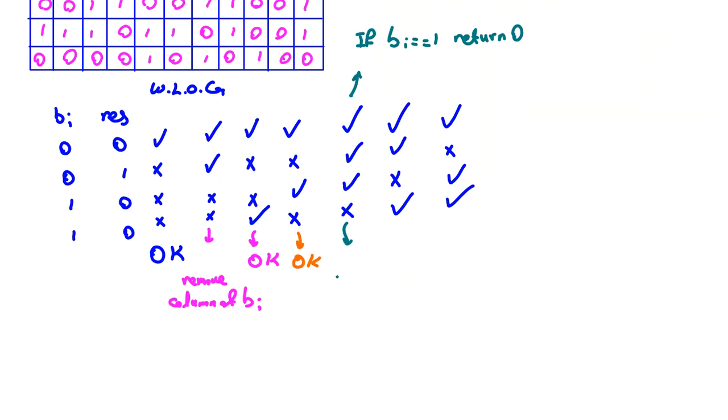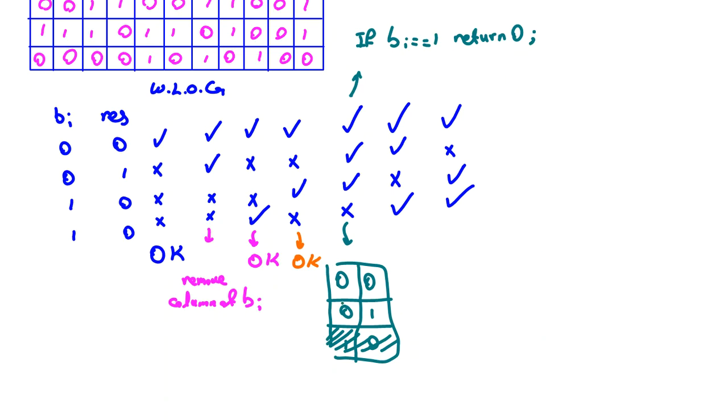So for this one, we have only 0, 0, 0, 1, 1, 0. And there are some rows like the first one, some rows like the second one, and some like the third one. So when we apply this, we can remove these rows that Bi is 1 and result is 0.